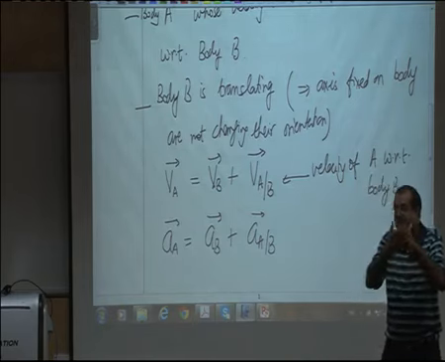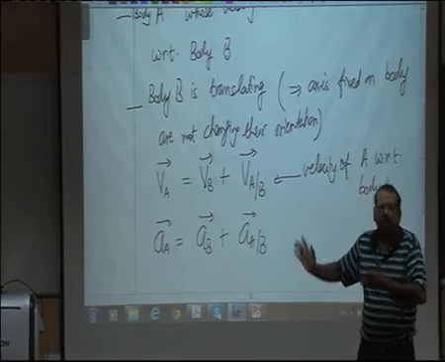Otherwise, this has to be measured with respect to a translating frame. We will do the general formula later in chapter 15.